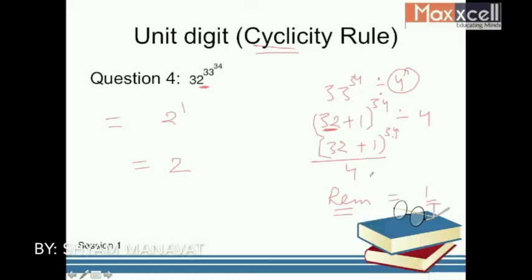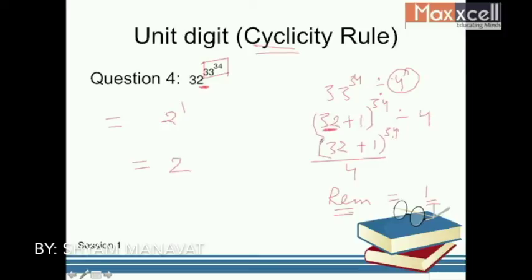We have 2 to the power 33 to the power 34. We are checking the cyclicity of 2, which has 4 steps. So I need to divide the power by 4 to check the remainder. I checked this 33, which is nothing but 32 plus 1. The objective behind writing 32 plus 1 is that 32 is divisible by 4.